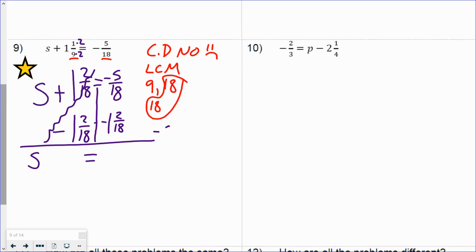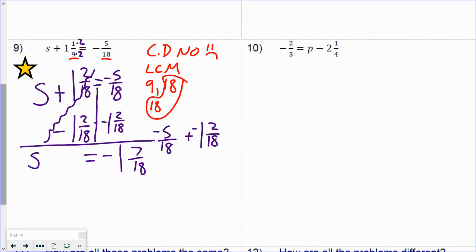If this was written vertically, you would see this. You might not see 2 negatives until you add the opposite. Okay, so that's how I know, hey, I have 2 negatives, so I need to add these, keep my negative sign. All right, 5 and 2 make 7. Keep our 18 and bring over my whole number. It can't be reduced, so we are good at that point.